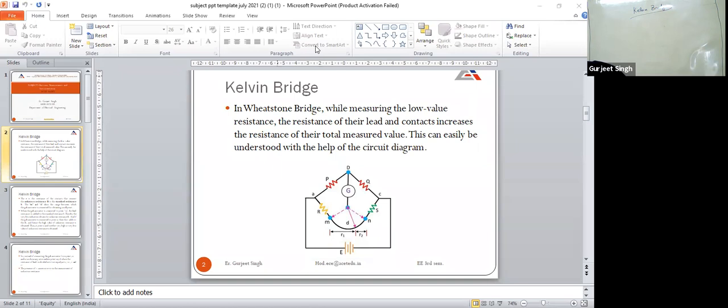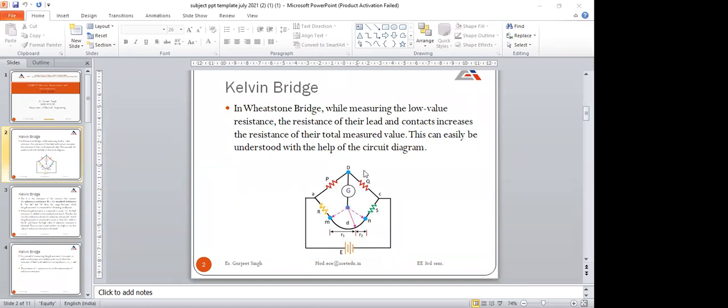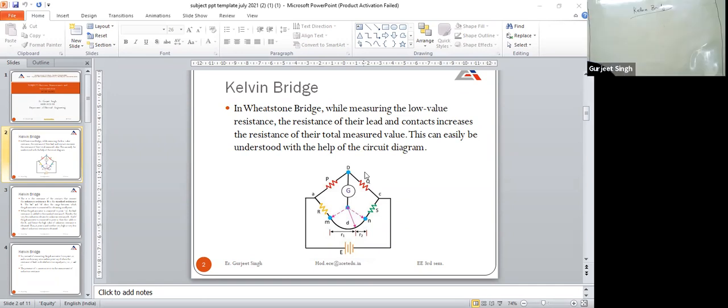Okay, Sir, so this is the advantage of connecting the galvanometer to the point D.